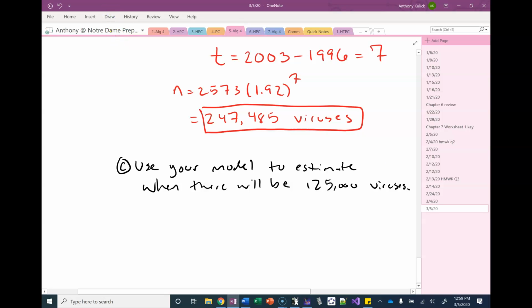So part C says use your model to estimate when there will be 125,000 computer viruses. Well, it says to use our model, so I'm going to start by writing our model down again.